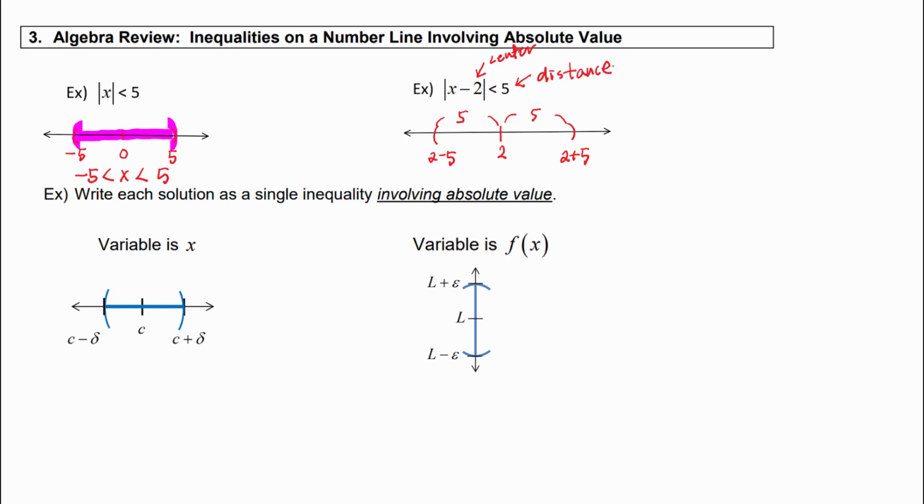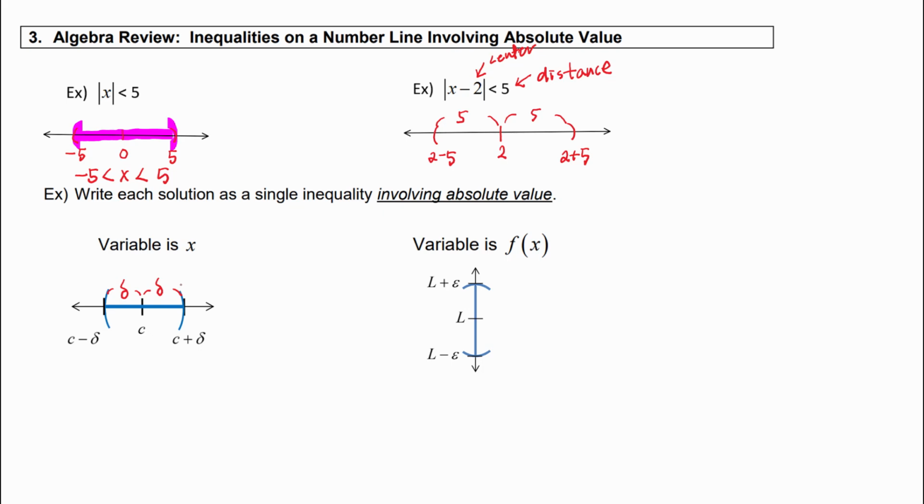Okay? So how would we write an absolute value expression such that x is greater than c minus delta and less than c plus delta? Obviously the center here is c, and the distance from c to the left and right is delta units.